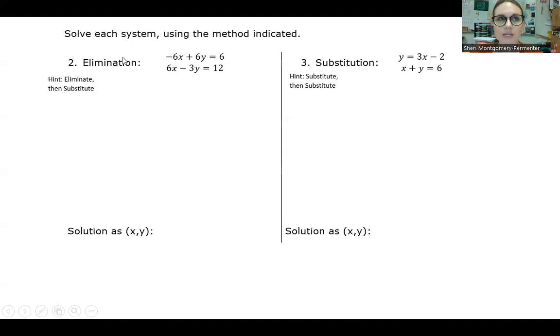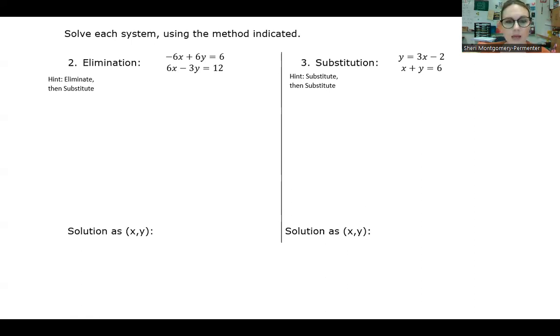The next 2 questions, we've got elimination and substitution. So when you use elimination, you eliminate and then substitute. When you do substitution, you substitute and then you substitute again. So here, do we have one of the variables that is going to eliminate?